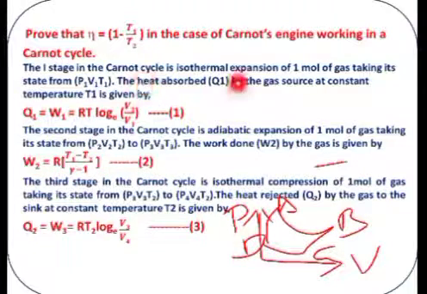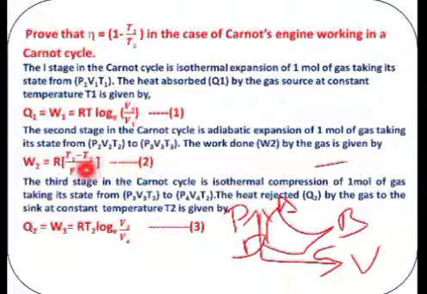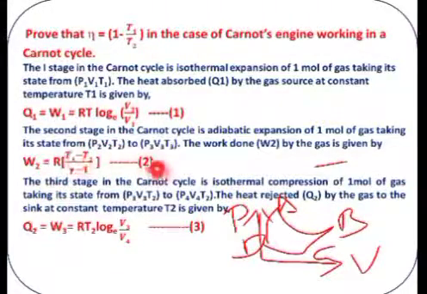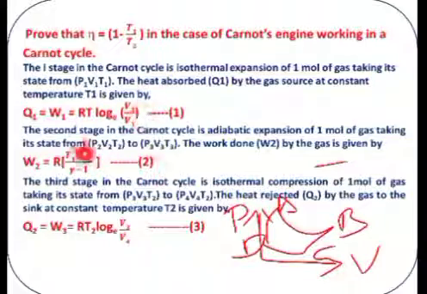This is due to the isothermal expansion and this is due to the adiabatic expansion. W2 is equal to R into T1 minus T2 divided by gamma minus 1. We can call this equation number 2. This is work done due to the isothermal condition and this is due to the adiabatic condition. I hope you are understanding this.